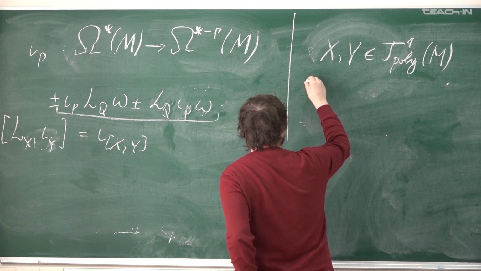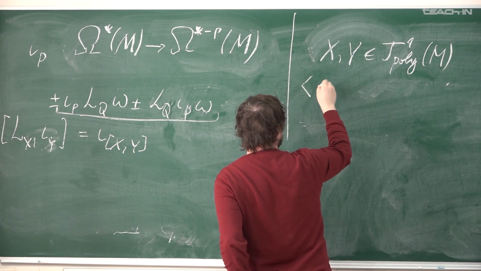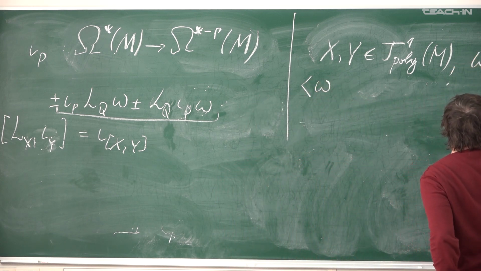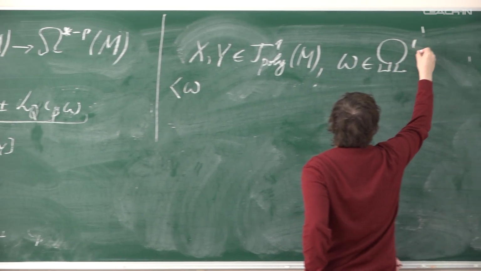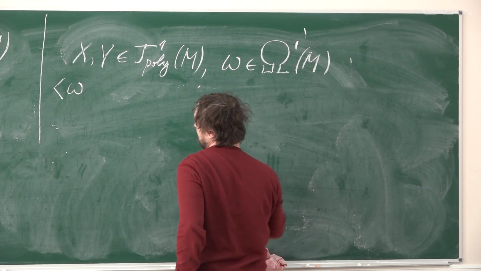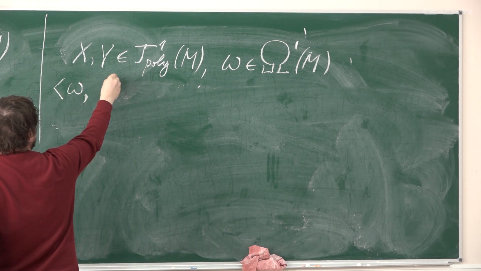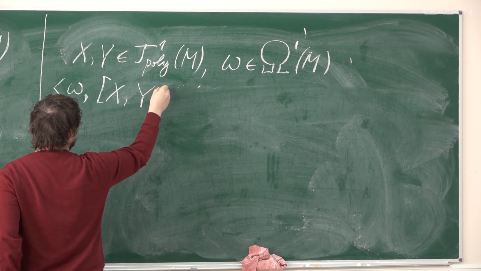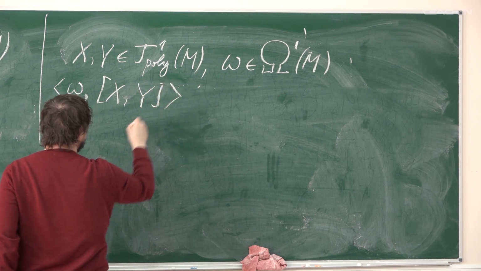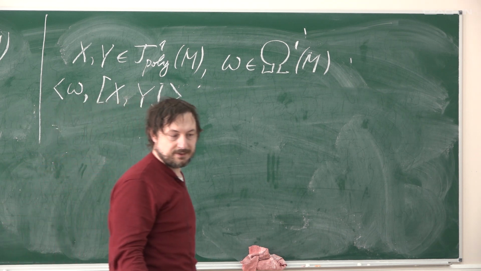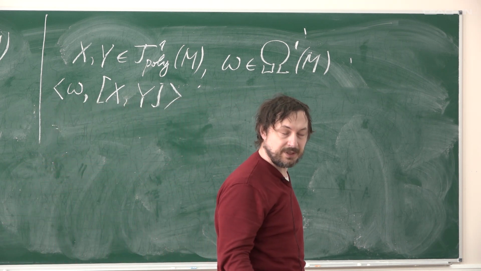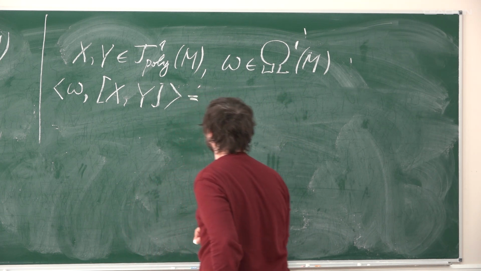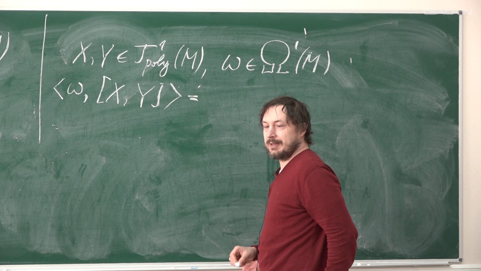So what do we have? We have the contraction. And now we have any one-form omega on M. And we need to check that the contraction of omega with the commutator of the vector fields can be expressed in terms of contractions, just like prescribed by the Schouten–Nijenhuis formula.